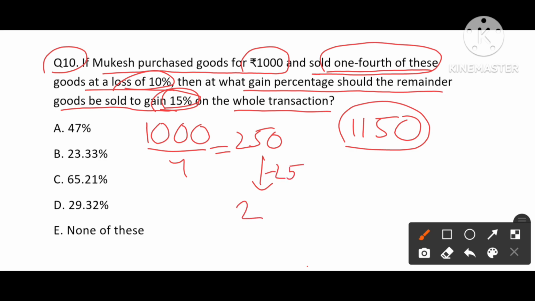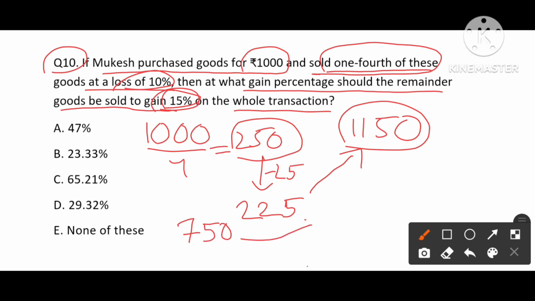So 250 worth of goods he sold at 225. But on the whole transaction, he needs to sell at 1150. He sold 250 worth of goods. Now the remainder is 750 worth of goods. He needs to sell at the difference between 1150 and 225, which will be 925.